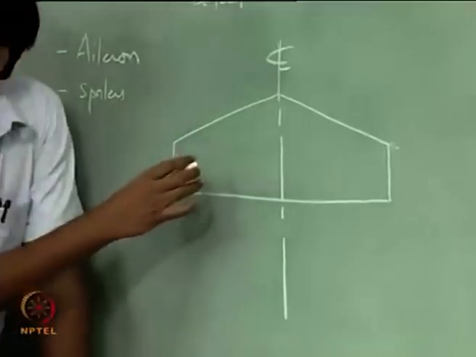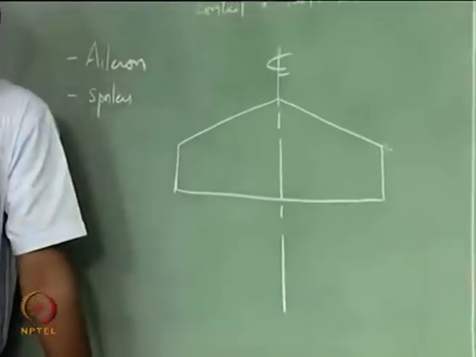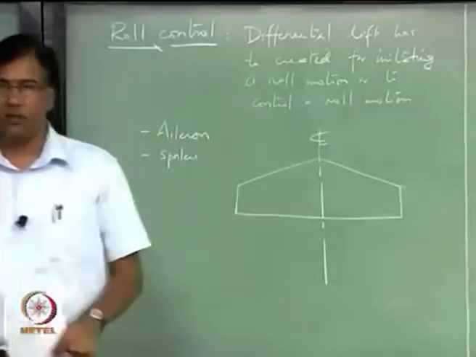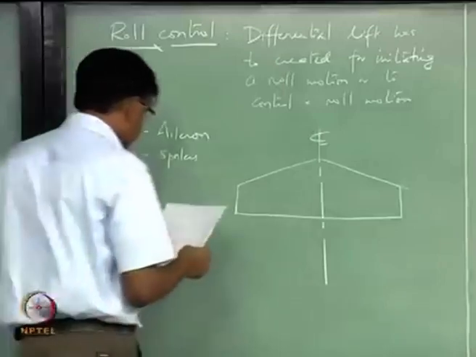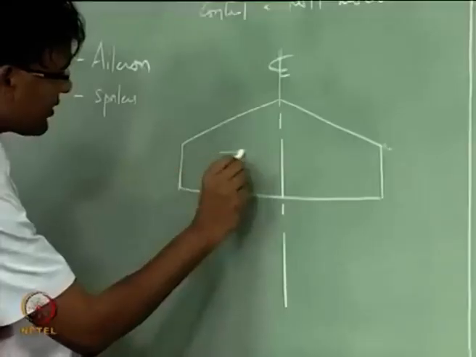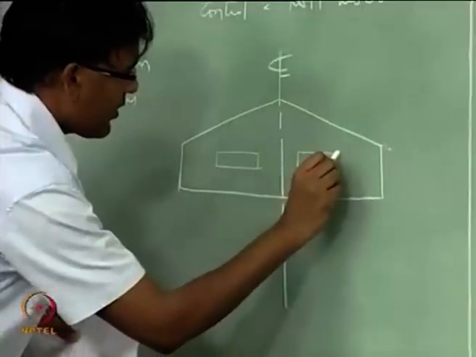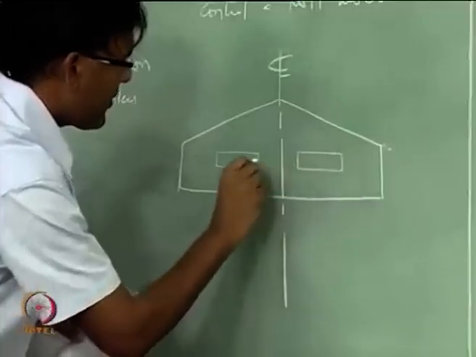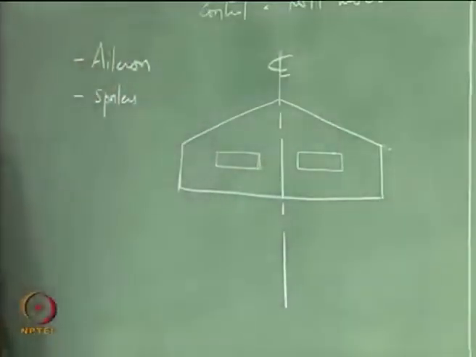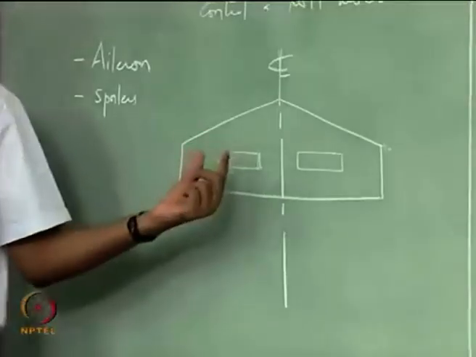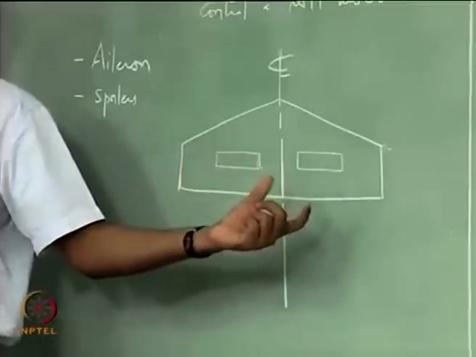A spoiler is a flap which is on the top surface of the wing, right. It is mainly used for creating drag. So, if you do not want to create drag, but you only want to initiate a roll, you just deflect one of the spoilers, right.